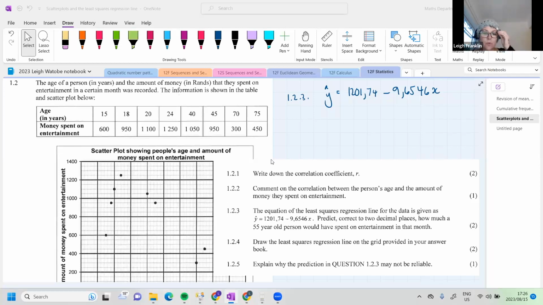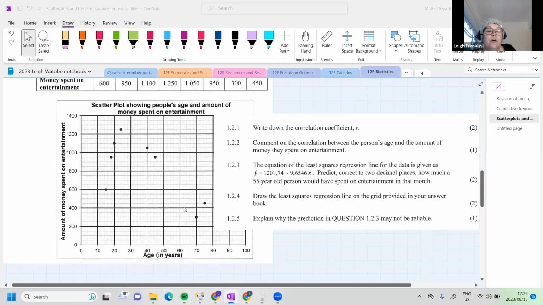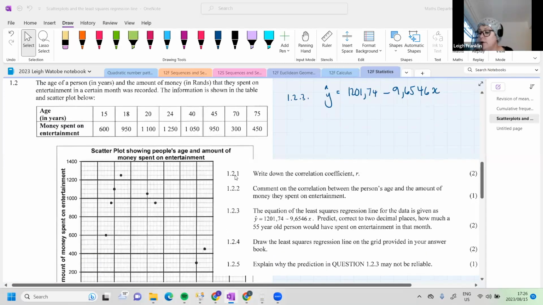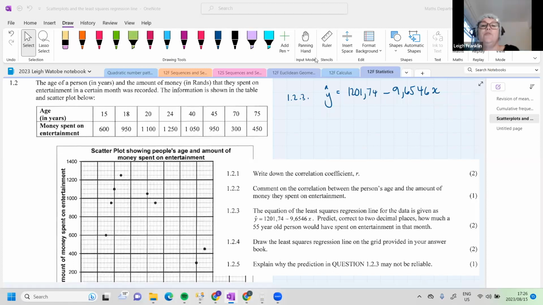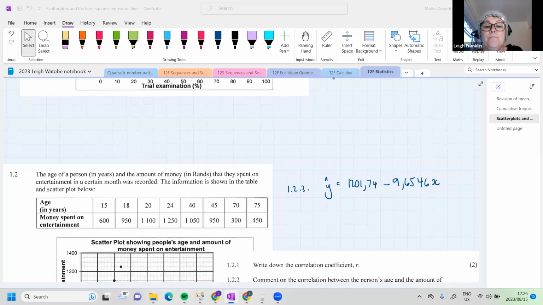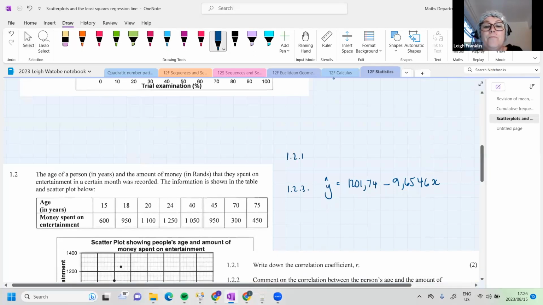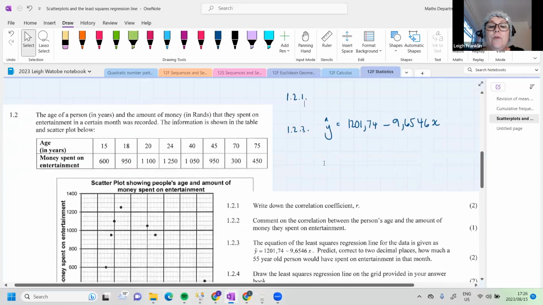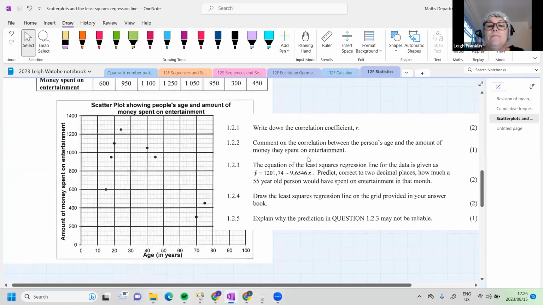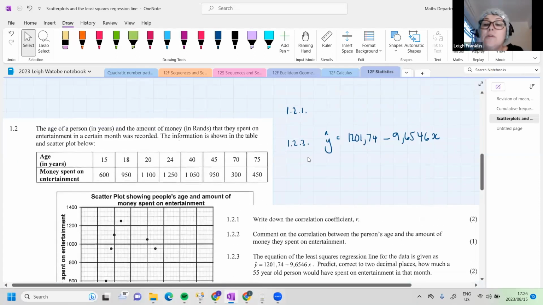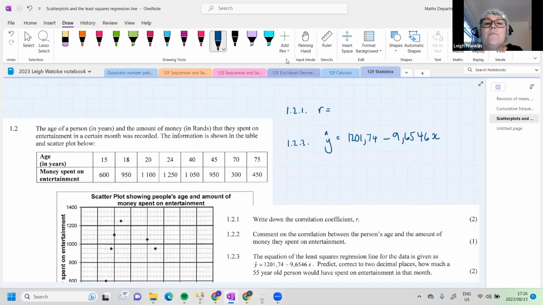All right, first of all, when we calculated the correlation coefficient in 1.2.1, what did you get? What did you end up with? Anybody willing to share their answer for R? Okay, me too.